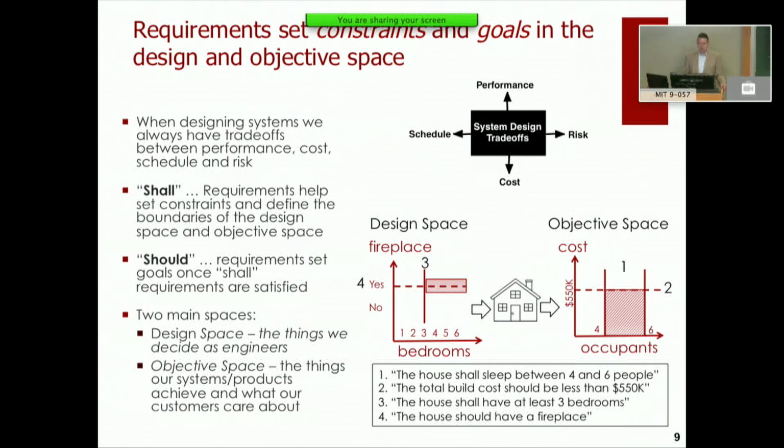It's more like a line here, with the fireplace as a dashed line, and then at least 3 bedrooms. Just these four sentences, we've defined the space that we're going to be designing in. We have constraints in the design space and constraints in the objective space. And that's fundamentally the role of requirements: to constrain, to give us direction as to what we're going to design.